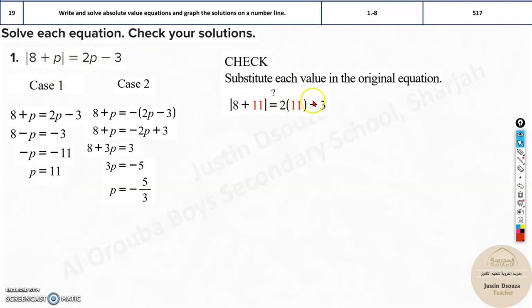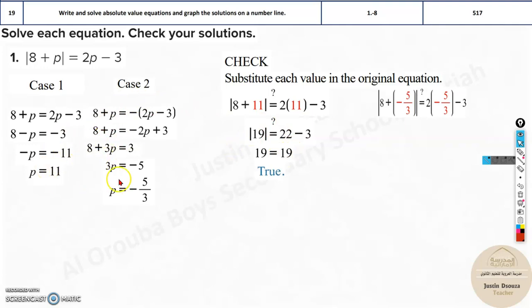Now 2 times 11 minus 3, both the sides we are getting the correct answer. 8 plus 11 is 20, sorry. I was just thinking different numbers altogether in my mind. So 8 plus 11 is 19, and 2 times 11 is 22, minus 3 will be 19. Both the sides are equal. Yes, this is a correct answer.